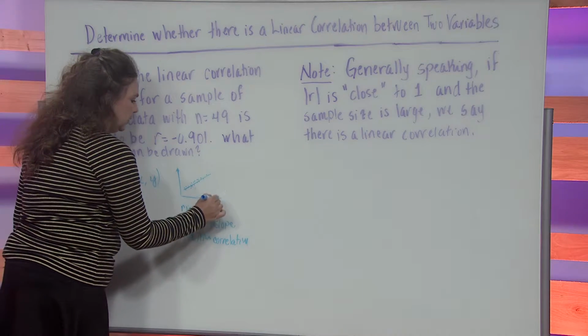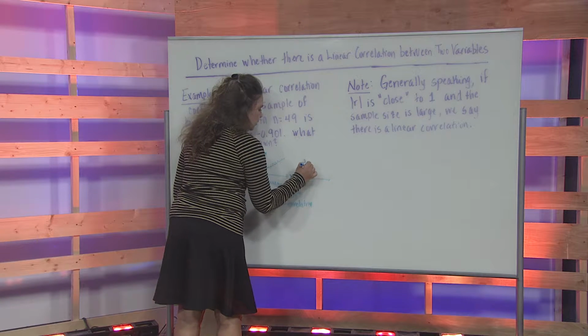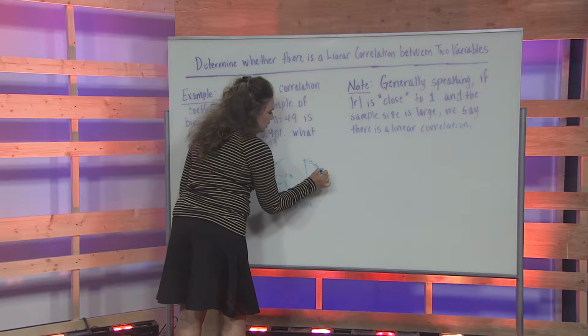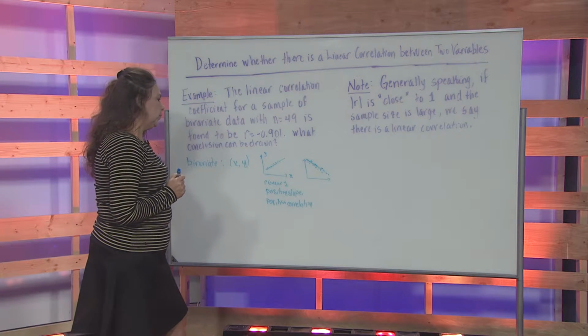We would say there's a positive correlation between the x and y. So here's x, here's y. In a similar situation, perhaps our paired data looks something like this, and maybe there's a line that will go through that data.